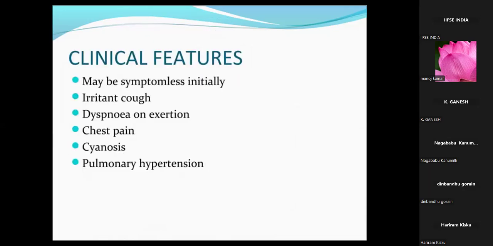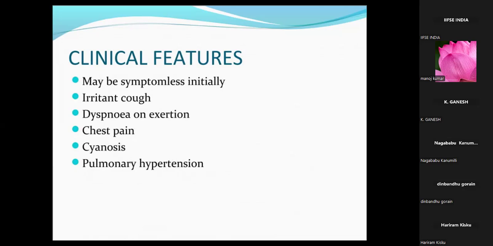Now, the symptoms. These are the clinical features, that is, how you can recognize the person. He may be symptomless initially. We may not know that he is infected or developing this occupational disease, silicosis. Then an irritant cough. Frequently he may be coughing because of this silica dust. Dyspnea on exertion, chest pain.